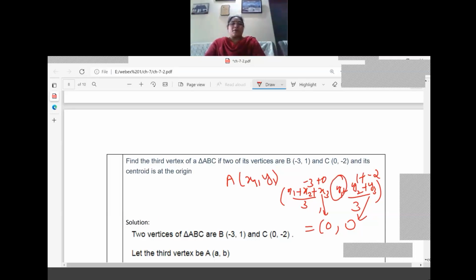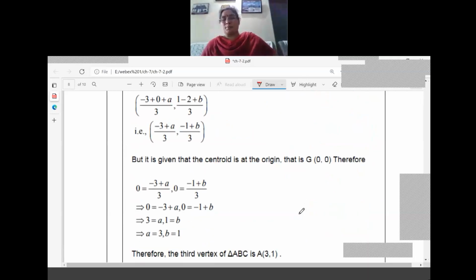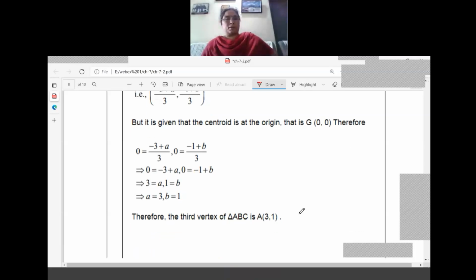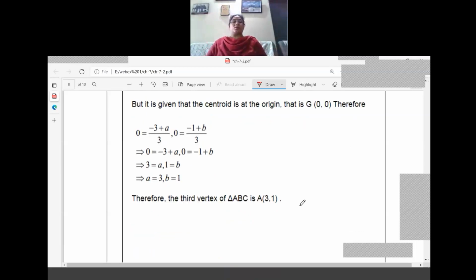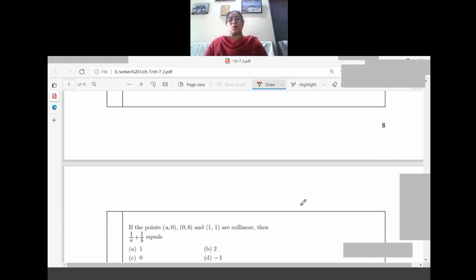But x1 y1 is unknown, so we have to solve for x1 y1 only. The steps are here. Here they have taken a and b. After solving, a equals 3, b equals 1. Sorry, the answer, the vertex for A is 3 comma 1 only.